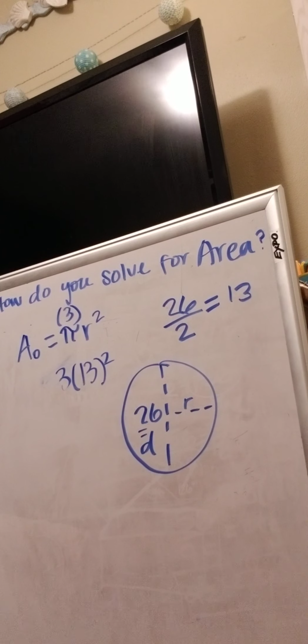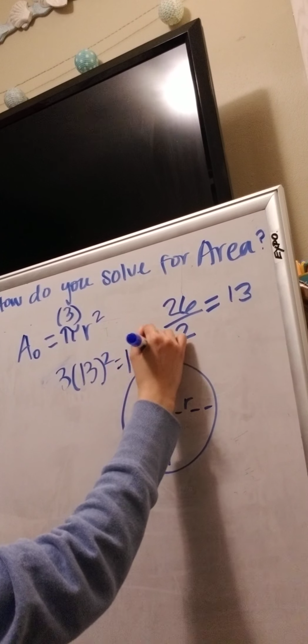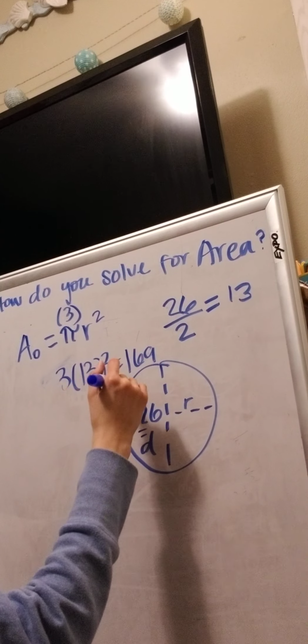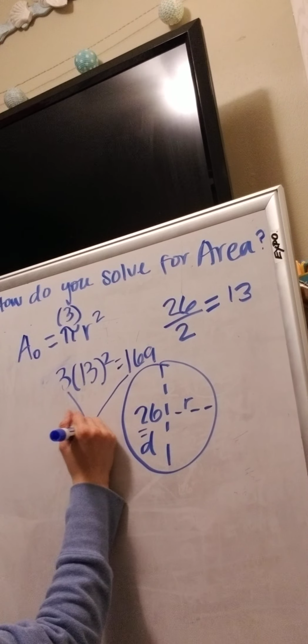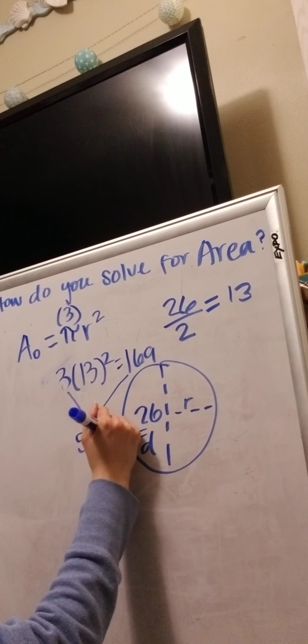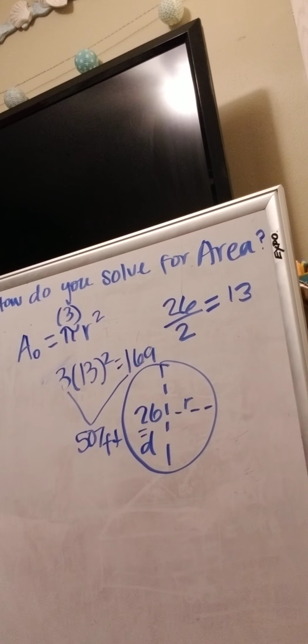So 13 squared is 169. Now we have to multiply 3 and 169. That makes 507, we'll just say feet.